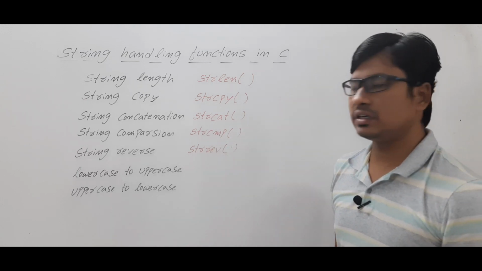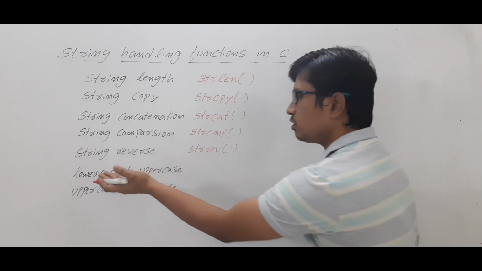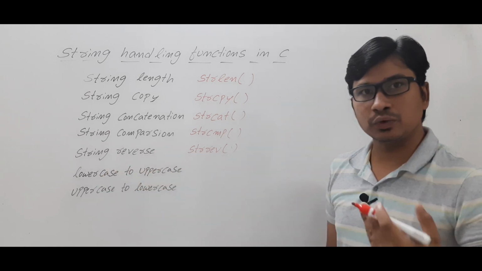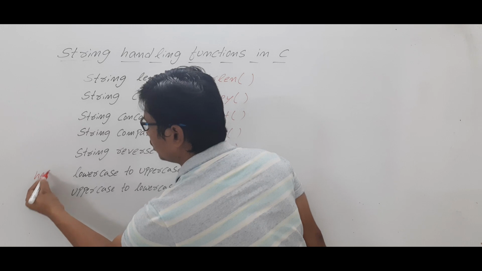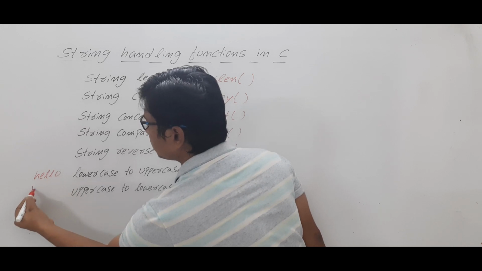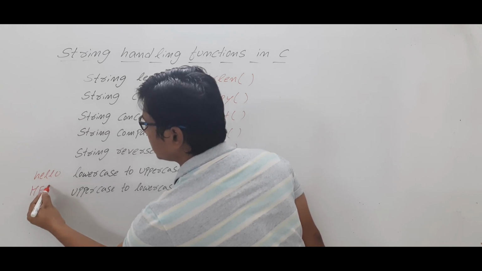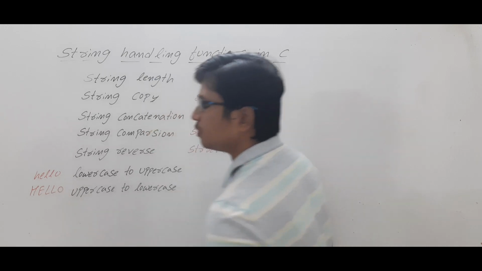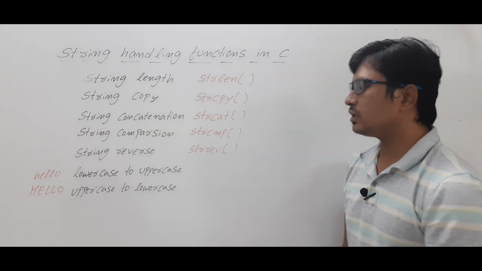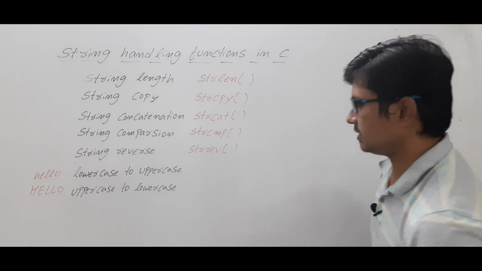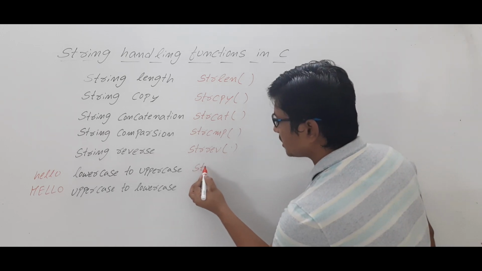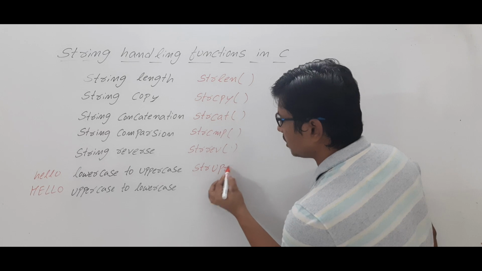And to convert a string from lowercase into uppercase, meaning that if you have a string called hello, you want to make it in capital letters, HELLO, that is what converting a string from lowercase to uppercase means. We have an inbuilt function called strupr.